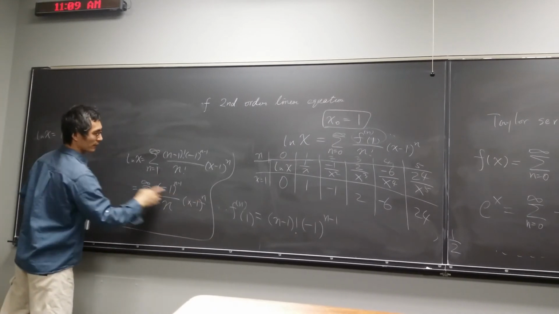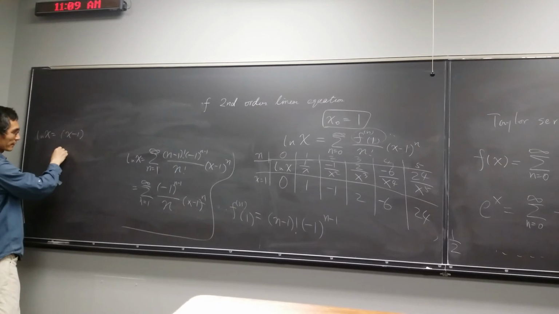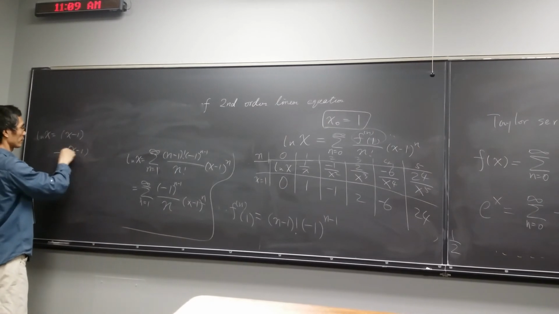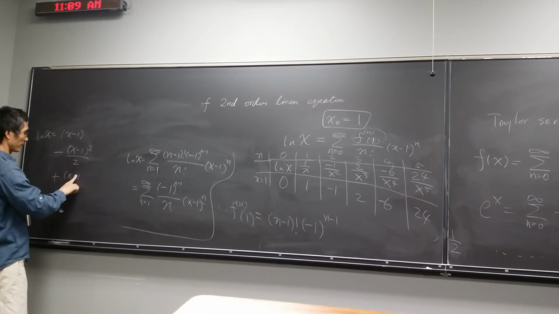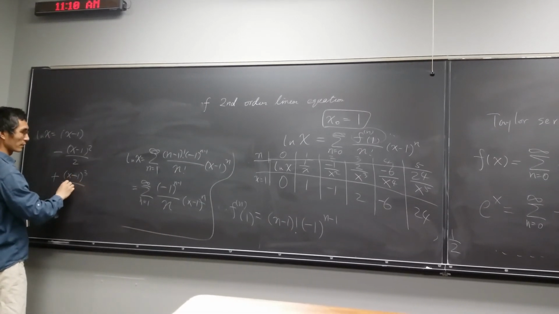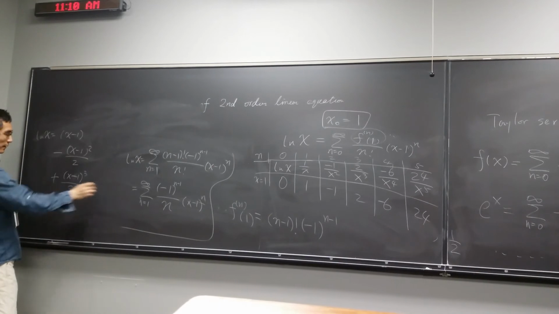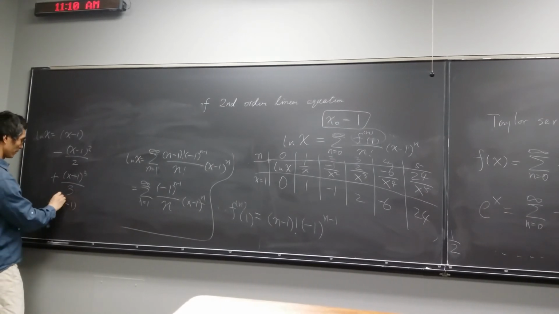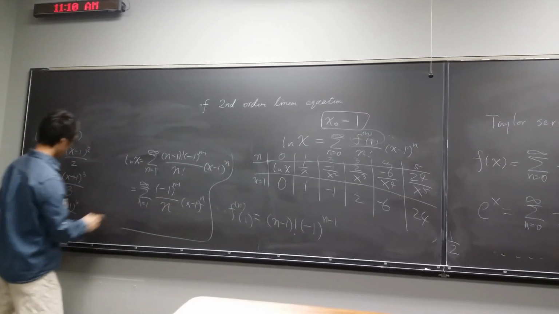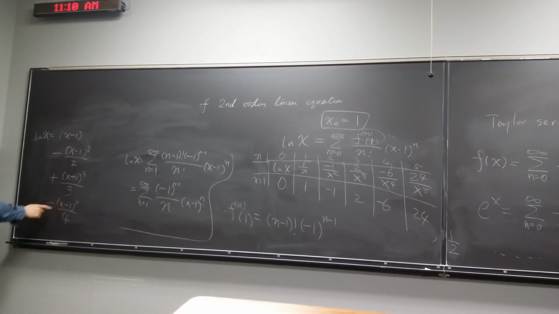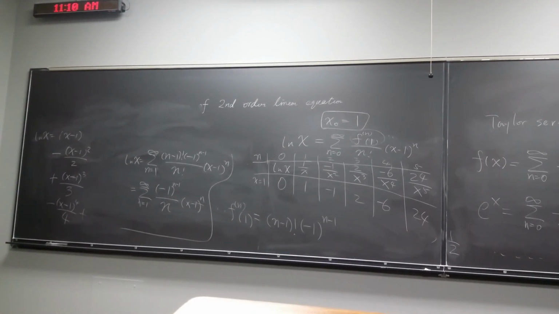And the next term is negative x minus 1 squared over 2, plus x minus 1 cubed over 3, not 3 factorial, it's n. Then x minus 1 to the fourth over 4. Right, this is n, that is also n. So it's alternating, with the denominator just being the power. And of course, it's going on forever. So that's your logarithm function.